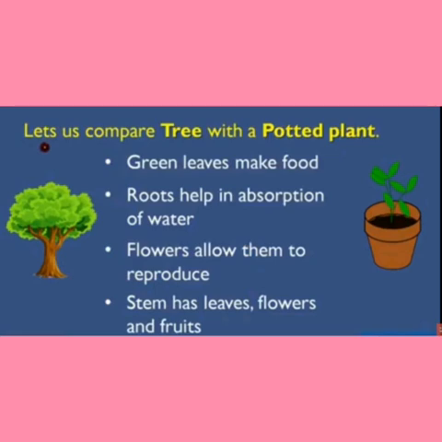Third, flowers allow them to reproduce, and they have flowers which help in reproduction of a new plant. Fourth, the stem has leaves, flowers and fruits, and both of them have a stem which has leaves, flowers and fruits.